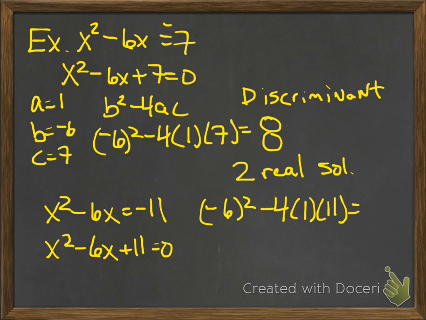What would the discriminant be for this one? Negative 8. That's your discriminant, and that means you have 2 non-real solutions. Usually I just like to take 2 real, 2 non-real. It would be equal to 0.